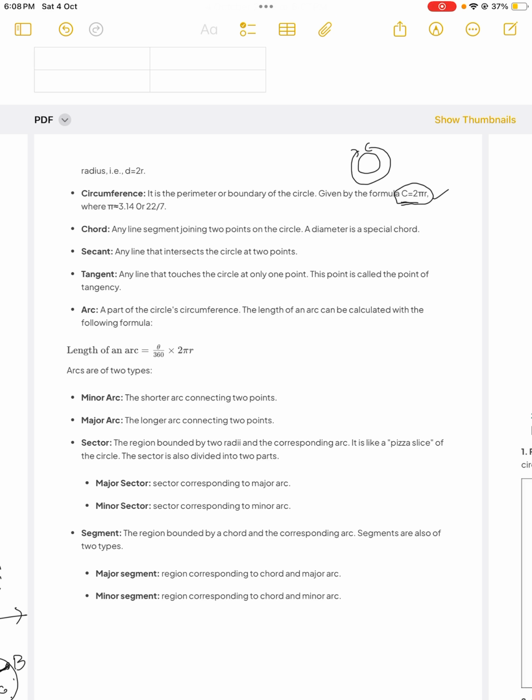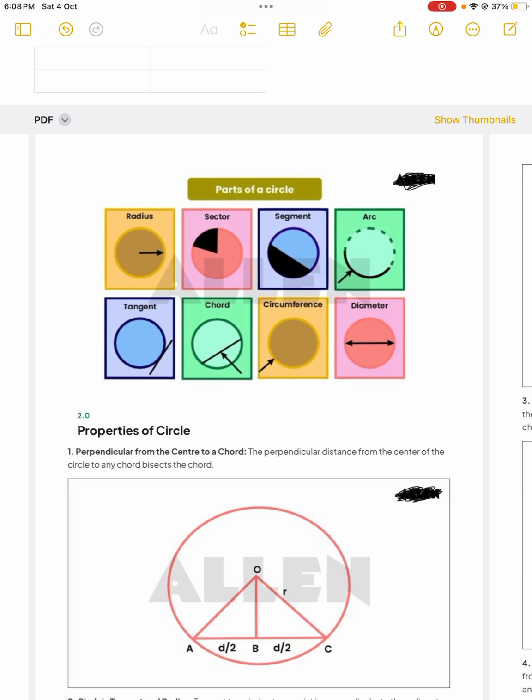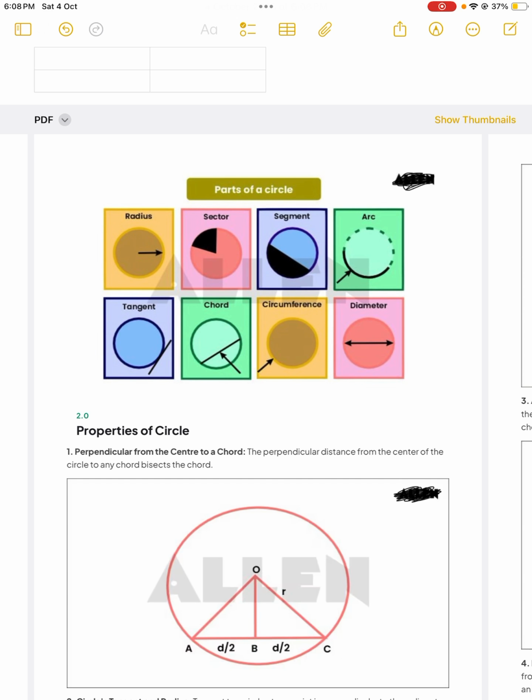Next, we know the chord. Already we discussed chord. Next one is secant. What is the meaning of secant? Any line that intersects the circle at two points is called a secant.